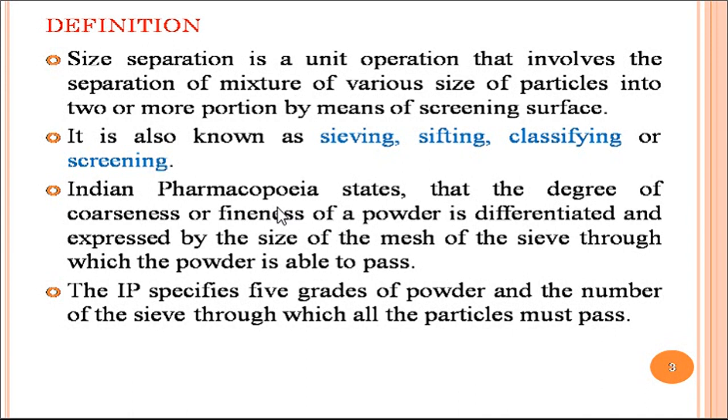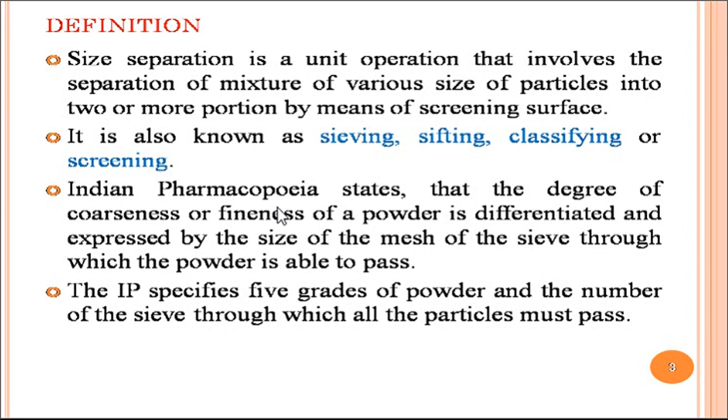Now if you look into the official standard, the Indian Pharmacopoeia also states that the degree of coarseness or fineness of powder is differentiated and expressed in terms of size or mesh size of the powder for classifying into different categories. This classification indicates what grade of powder you actually require.